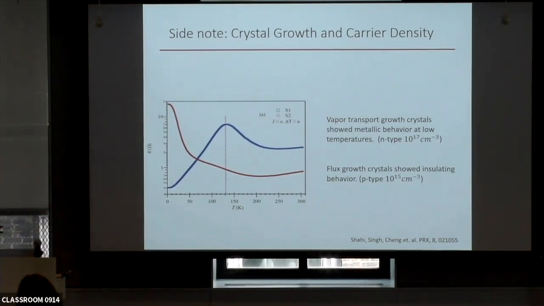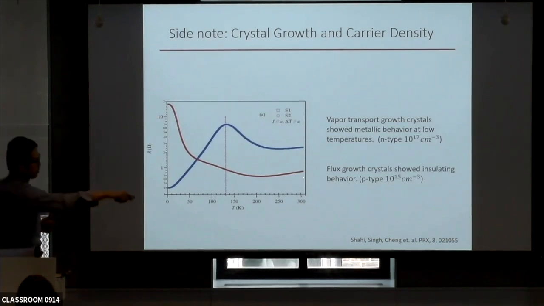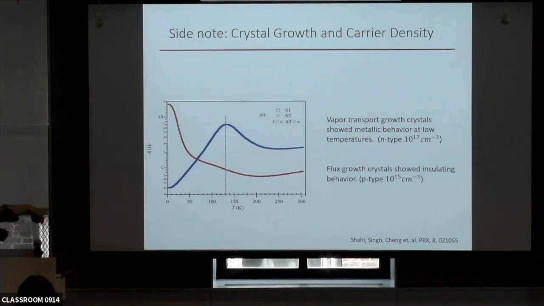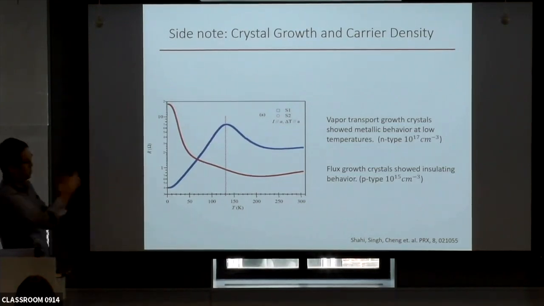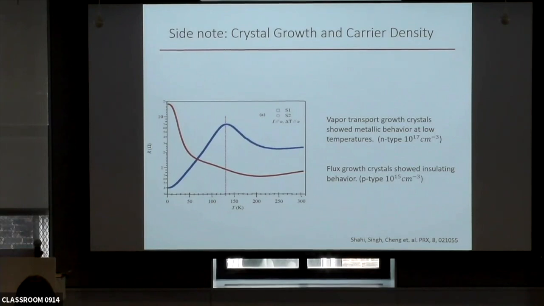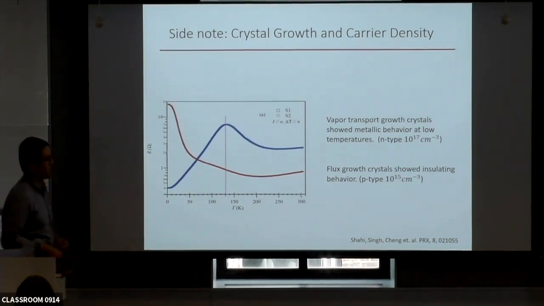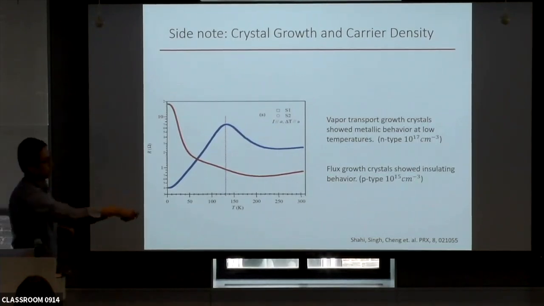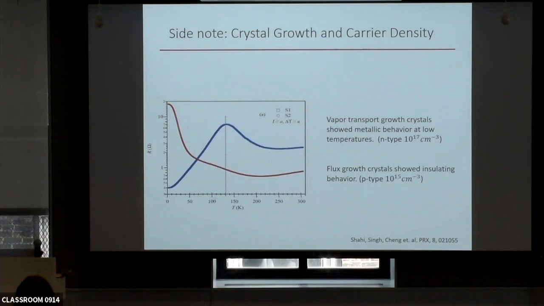Now, instead, if you use a flux growth, you can grow a crystal where you never see a peak, or the peak is almost at 0 temperature, and the material is always p-type. It turns out that a CVT sample has like 10 or 5% zirconium deficiency, so it's heavily doped with carrier density about 10^17, whereas the red curve gives you carrier density about 10^15.